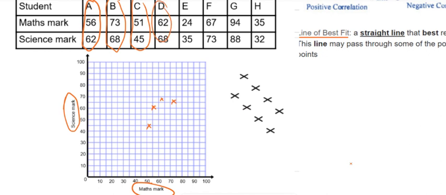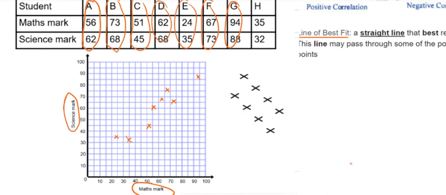Up there. 24 and 35 there. 67 and 73 is up about here. 94 and 88 is up here. And then 35, 32 is here. Roughly enough, so you're not going to be penalised if you don't have the x's exactly where they should be.